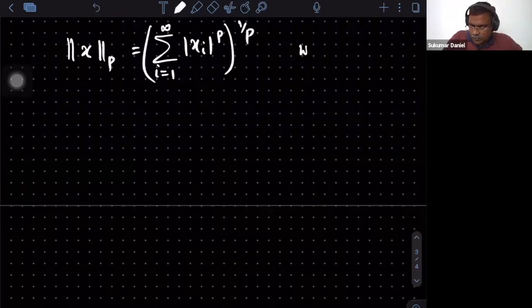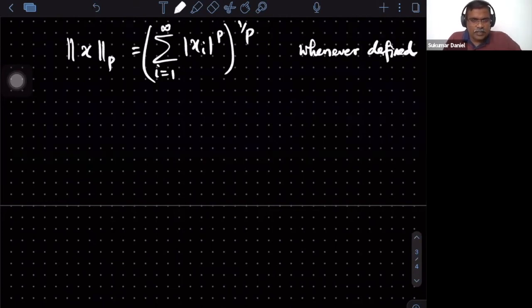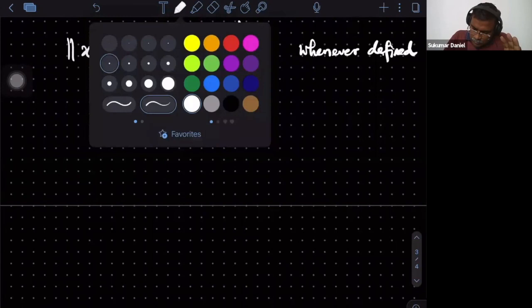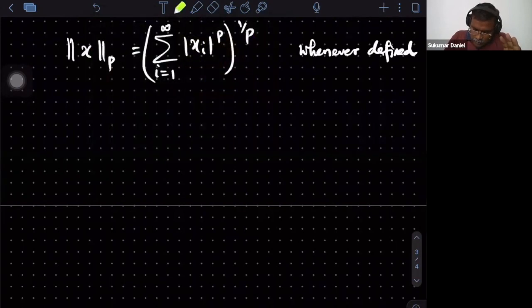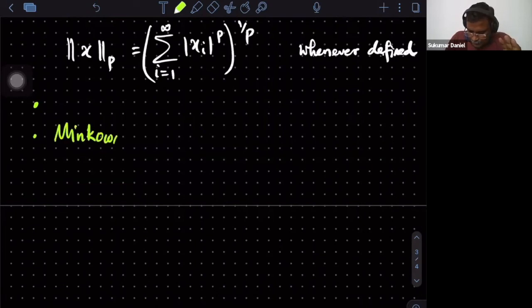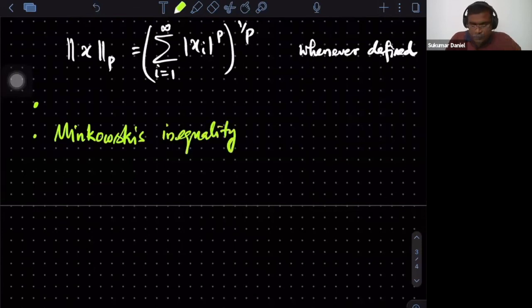So this is defined whenever it makes sense. For all xi's, this may not be a valid object, but whenever I can define this, I define this norm, and I want to ask the following question: is the Minkowski inequality true in this case?